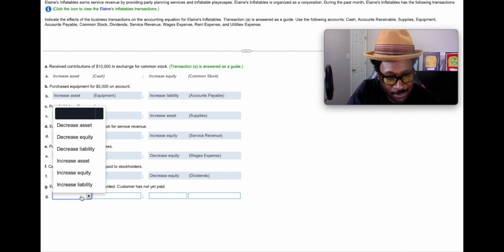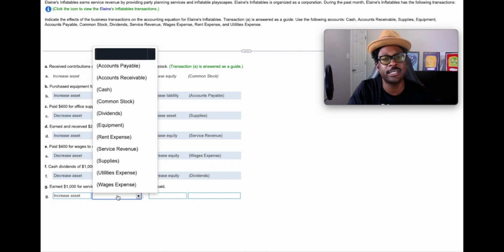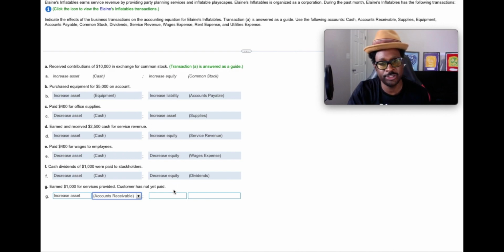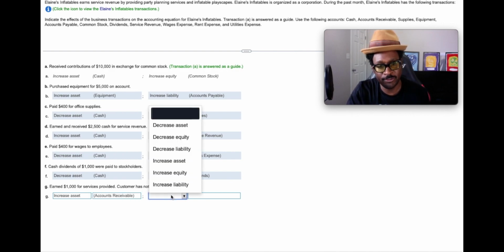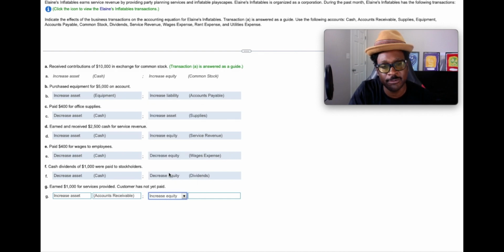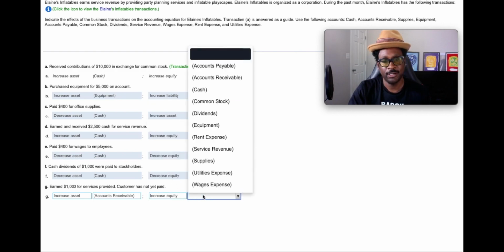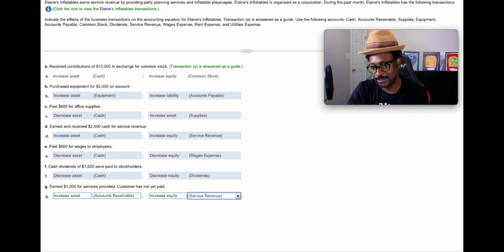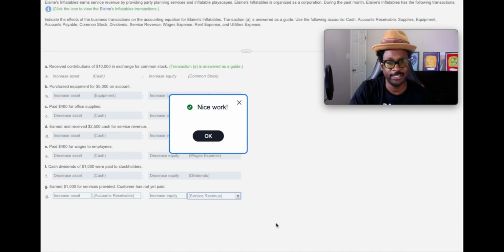Therefore, our assets are going to increase under our accounts receivable account. And as we mentioned earlier, revenue increases retained earnings, which is a part of stockholders' equity. Therefore, our equity will increase as well under our service revenue. See how easy the keywords bring us to the right answers?